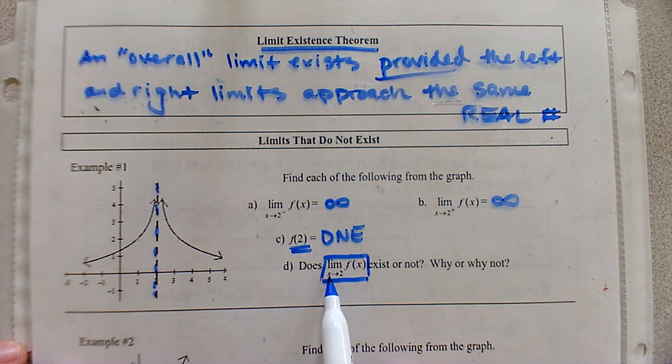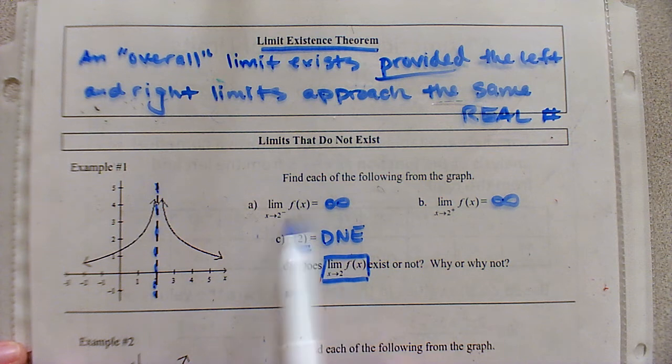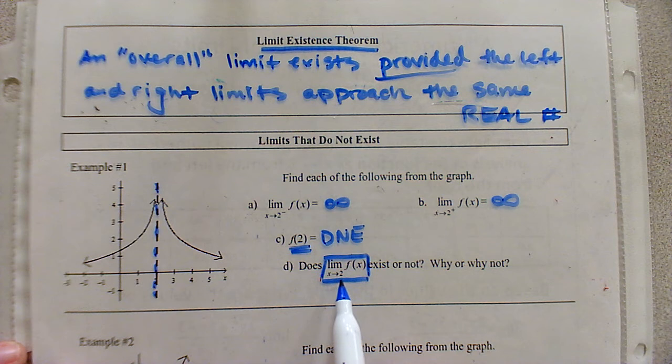So this is going to bring in the idea of an overall limit. Notice how this notation, the limit as we approach 2, there is no plus or minus sign in the exponent spot like we had previously. So this is signifying an overall limit. Meaning, do the left side of 2 and the right side of 2 actually meet up?